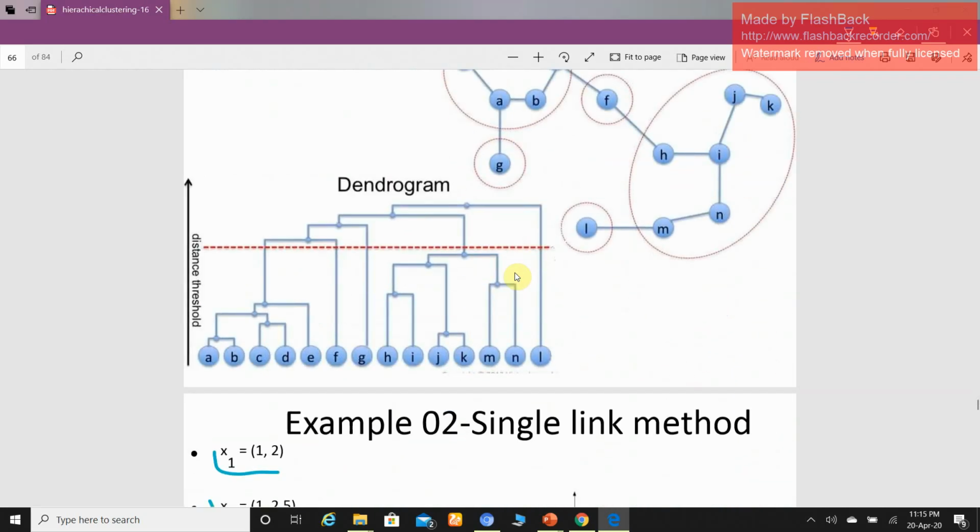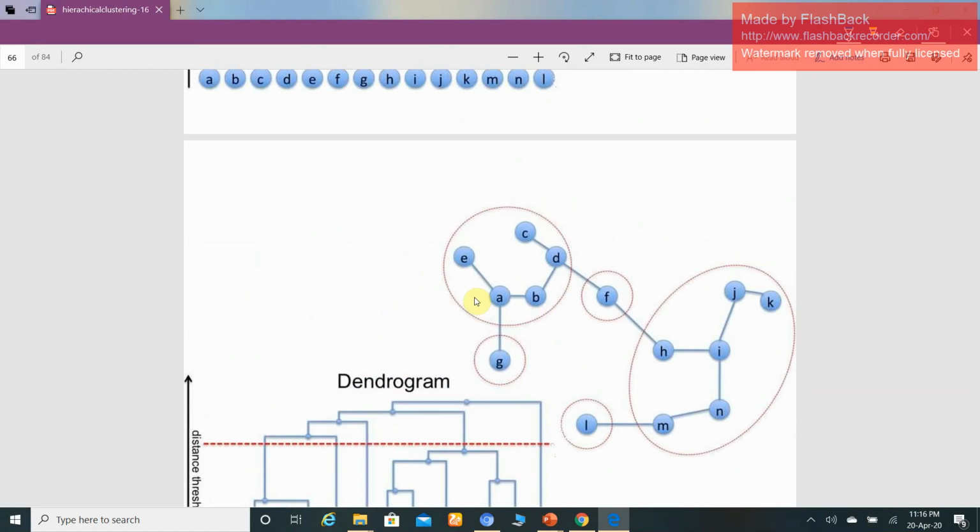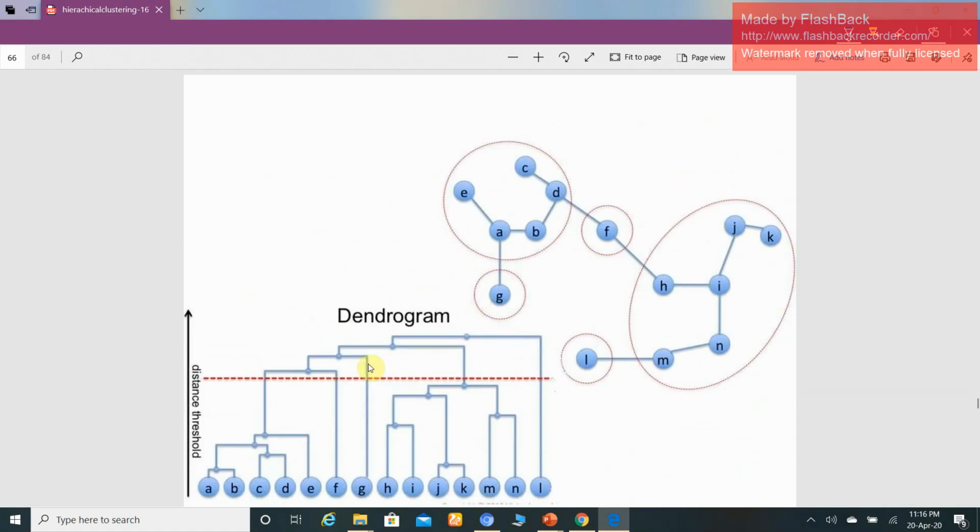Okay. Yes, now all of you observe. At this level, finally the dendrogram looks like this. At this level, all these are in one cluster.